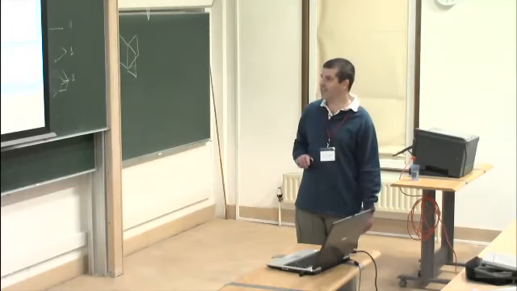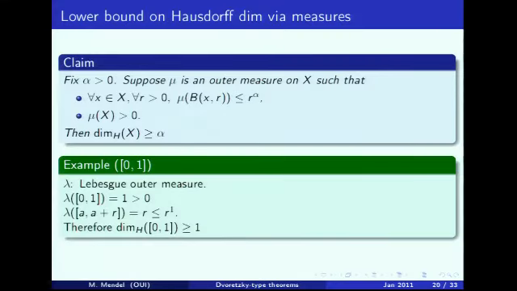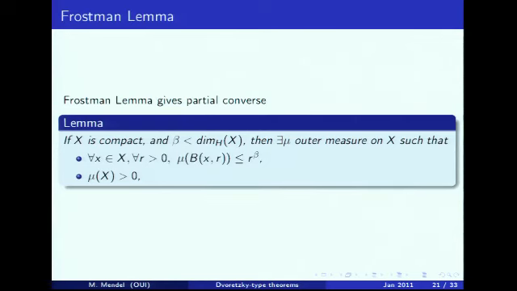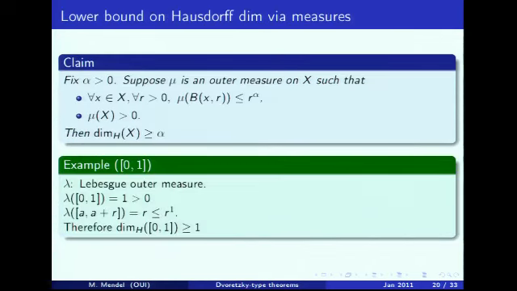Okay, but let's ignore constants because we can just scale the measure by this constant. And this proves the non-surprising fact that the Hausdorff dimension of the interval is at least 1.